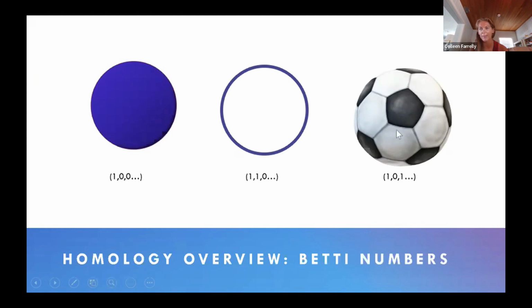Or we can have a soccer ball, or I think it's called a football where you are, that has a connection here. And we don't have circles in there, but we do have the void. It's empty inside. So homology and Betti numbers, these numbers that summarize the holes that exist, tell us something about the space that we're looking at.